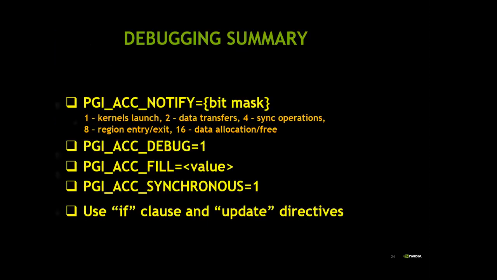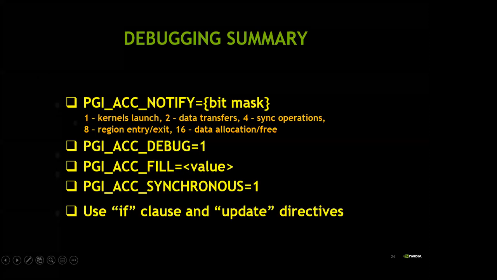So for the debugging summary, you have PGI SEC Notify, SEC debug. You could also force, if you have implemented asynchronous kernel launches or asynchronous data movement, you could force everything to become synchronous again using this very environment variable.